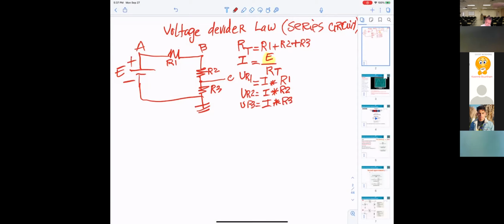Okay, if I want to measure the VB, what does VB equal? That means I want to measure the voltage from B to the ground.